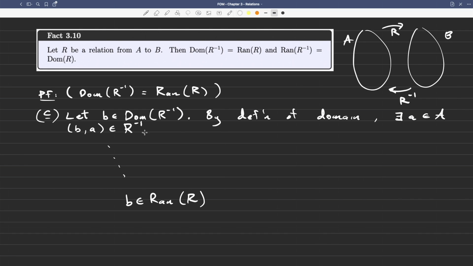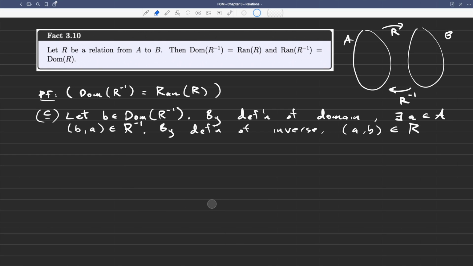Now, if (b, a) is in R inverse, if we switch the components, we get an ordered pair that's in the original relation. So we could say by definition of inverse, (a, b) is in the original relation. Let me go ahead and erase our target here. So now check it out.